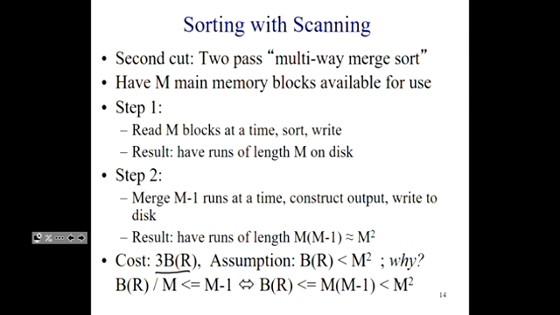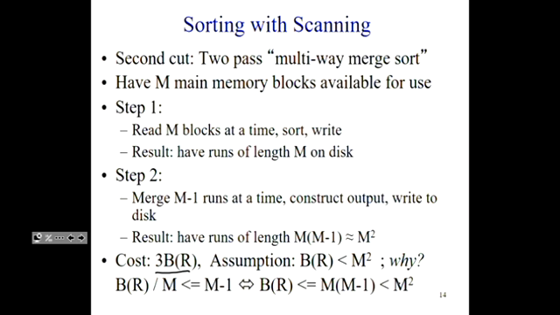So think about what is going on in each step, right? So step 1, you're reading your relation m blocks at a time, doing some operation on it, and then writing it out. So essentially what you're ending up doing for step 1 is you're reading the entire relation once, and you're writing the entire relation once. Step 2 is going to read the entire relation once again, because you are taking all of these runs in and then writing the output.